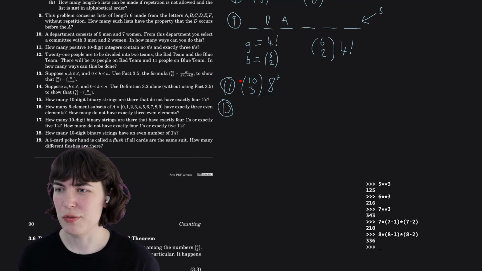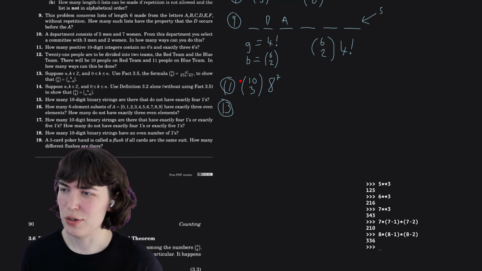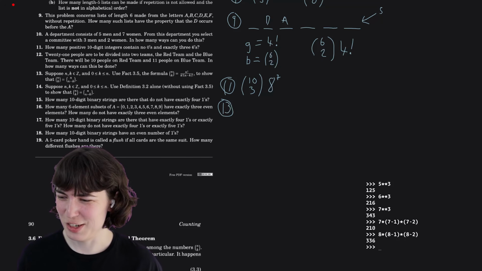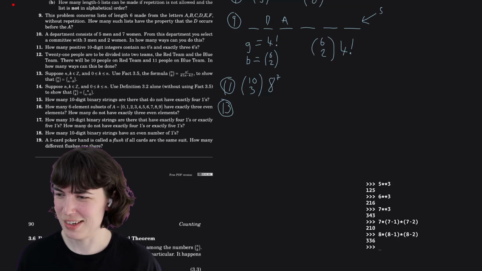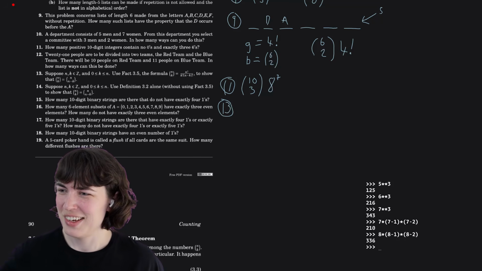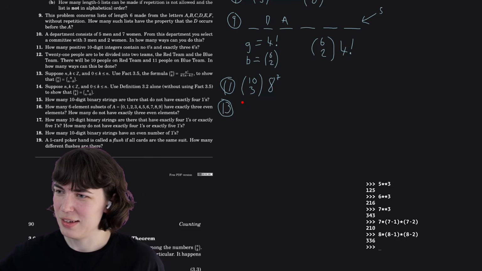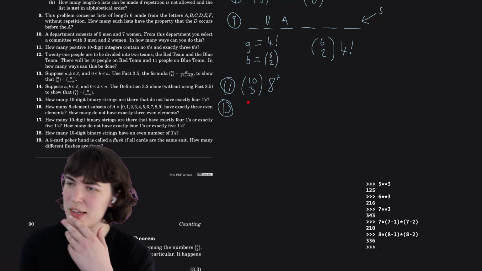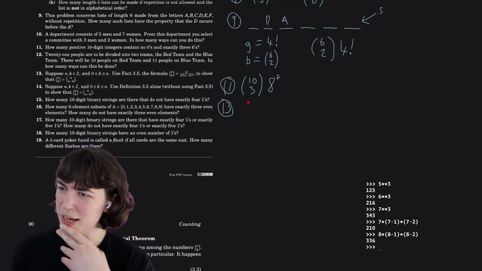Use fact 3.5, the formula n choose k equals etc., to show that n choose k is n choose n minus k.